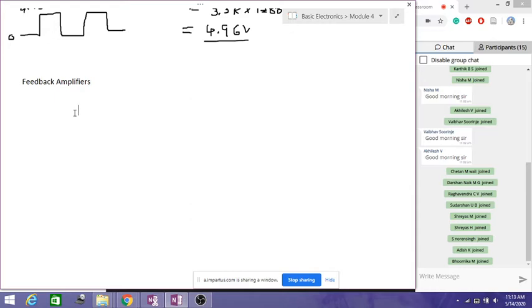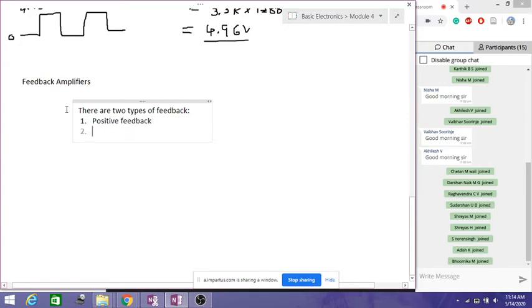How do these amplifiers actually work? For a transistor to work as an amplifier, there is something called feedback. There are two types of feedback. The first one is positive feedback, and the second is negative feedback.